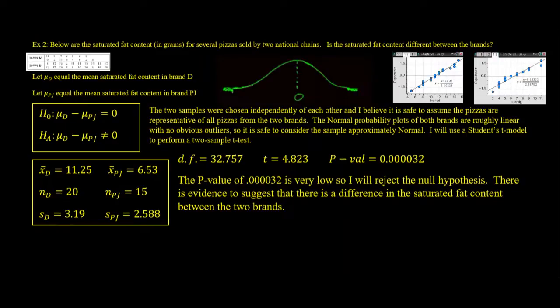Since we rejected the null hypothesis, we like to do a 95% confidence interval to get a feel for what the real value might be.